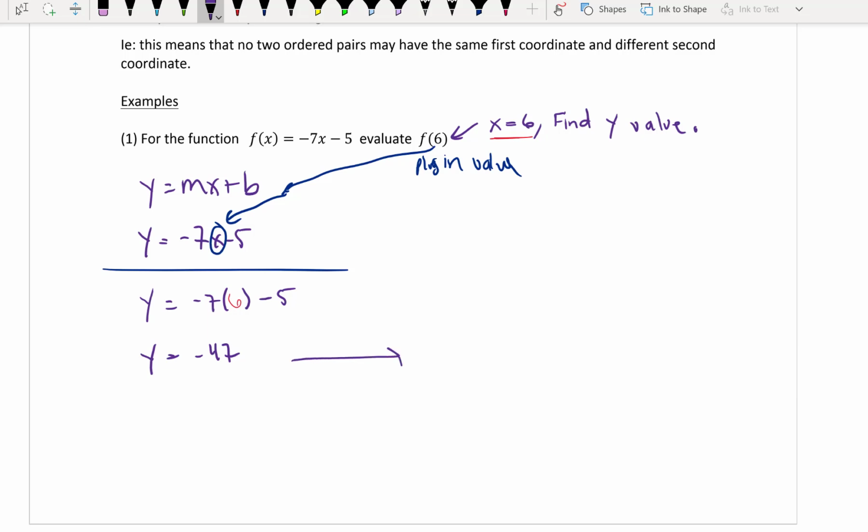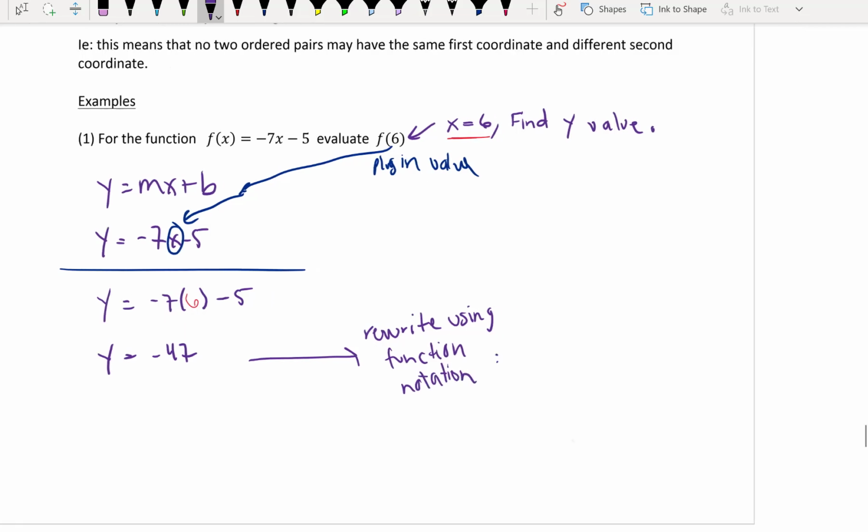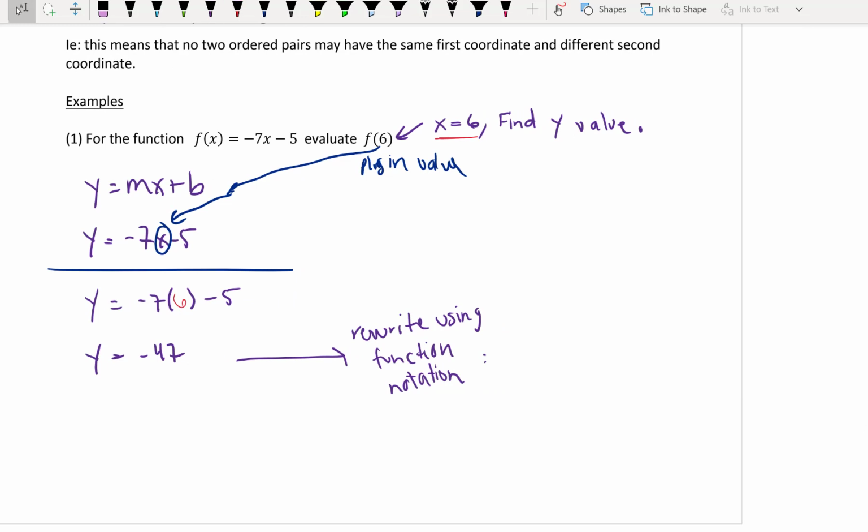Now we want to rewrite this answer using our function notation. When we rewrite this using function notation, we say that if we have our function and we plug in 6 for x, then my value is going to be negative 47.